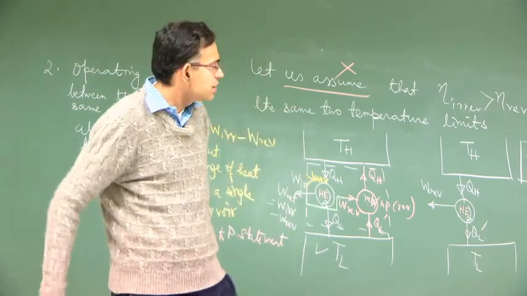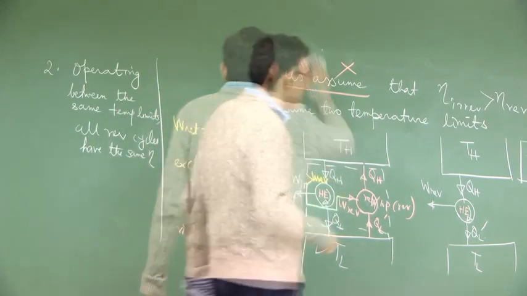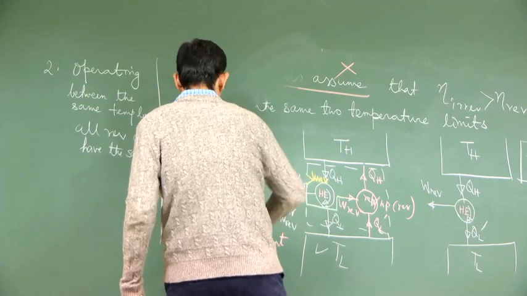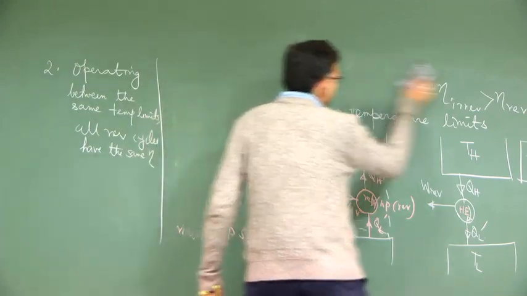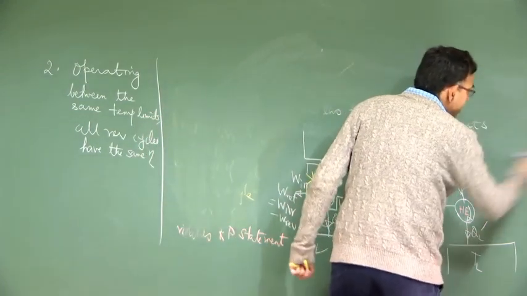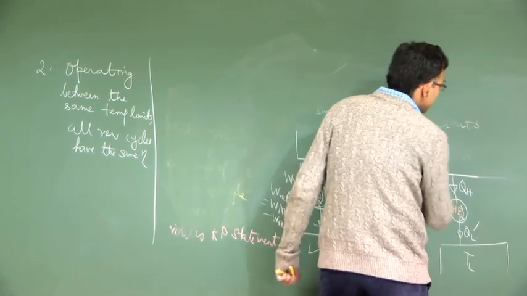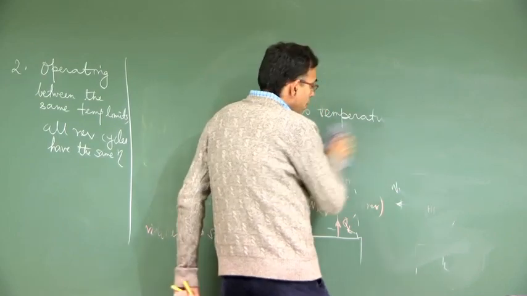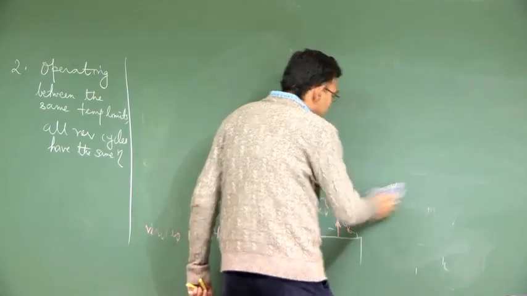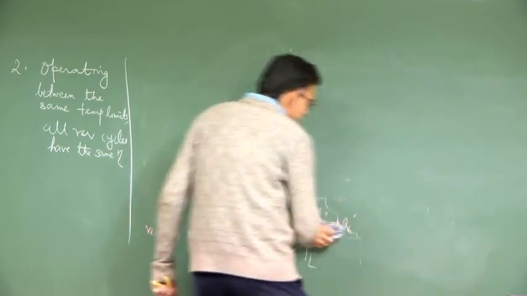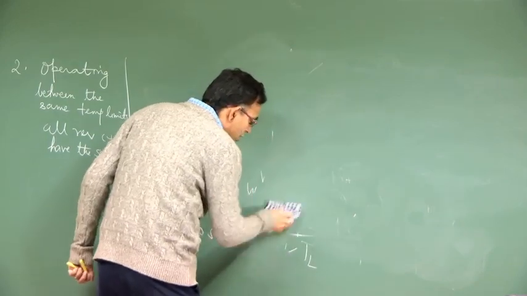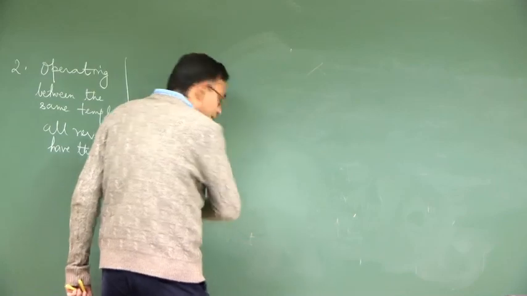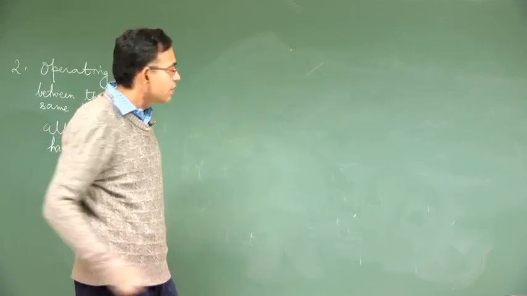So, from this the major conclusion is that the efficiency of a reversible cycle is a function of only the temperature limits, because operating between the same temperature limits, if the efficiencies of all reversible cycles are equal, that means these reversible cycles have their efficiencies which are dependent only on the temperature limits.